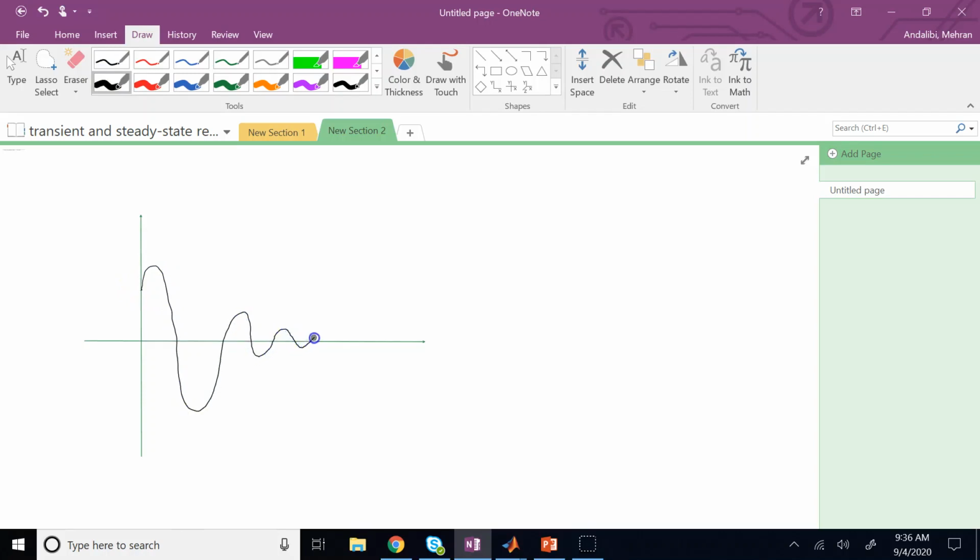Each time, the amplitude decays until you finally settle at the value. If it's a step function, then you are settling at 1. So this is y of t versus t.